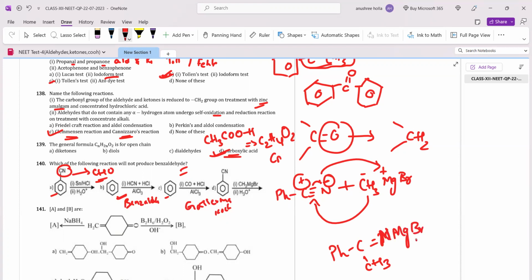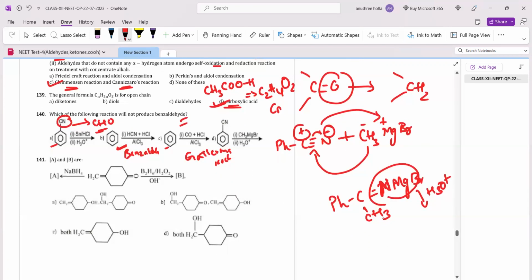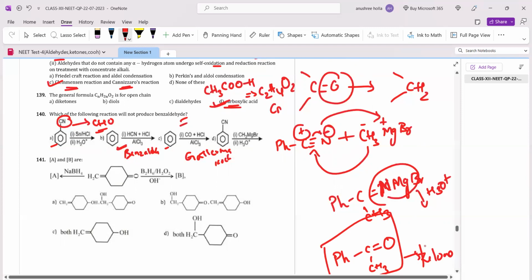Now if you hydrolyze this, what did I say? This whole group will be substituted by your oxygen atom, right? The easy trick that I asked you to remember. So this will give me acetophenone, a ketone. This will not give me benzaldehyde. So this is a reaction which will not yield benzaldehyde. So option D is your answer.